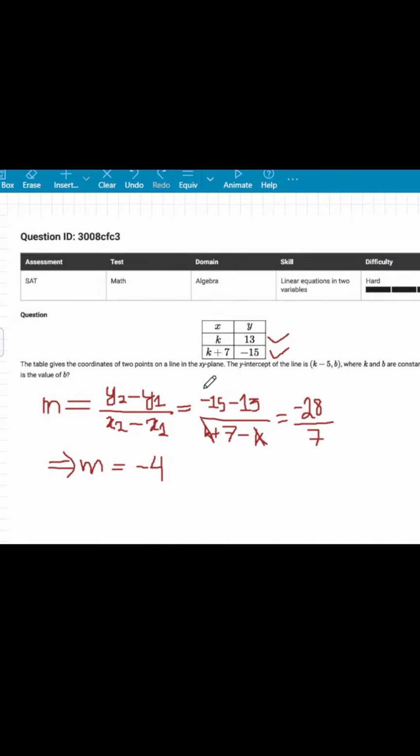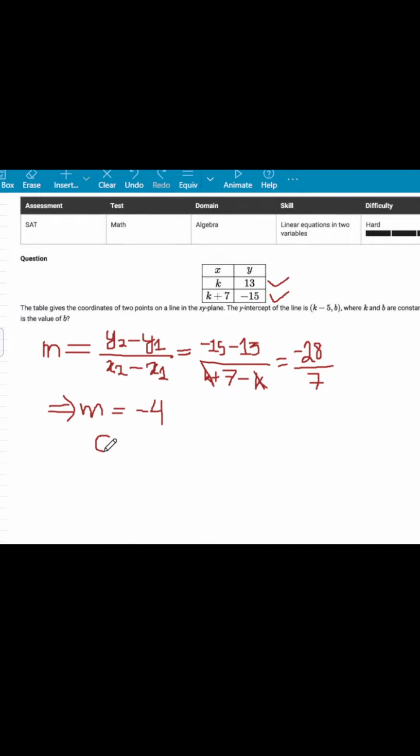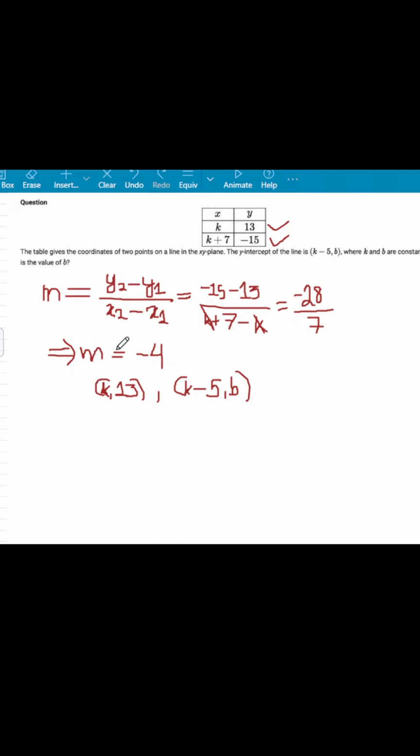Now this is also another point on the line, so we can take these 2 points, k comma 13. We already got the slope by using this, and we can put this point also, k minus 5 comma b, and then these two are points on the line, so they should satisfy the slope formula. So we'll have m equal to, and we know m, so we can put the value minus 4.